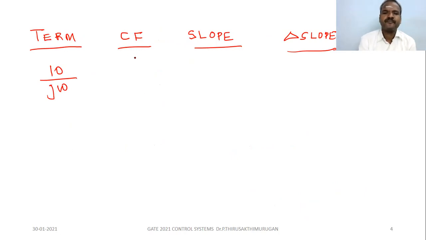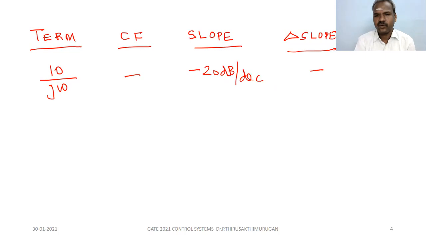What is the corner frequency for this? Nothing, no corner frequency. So this is the integrator, 1 by s power n. So the slope is minus 20 dB per decade. There is no change in slope because there is no corner frequency.